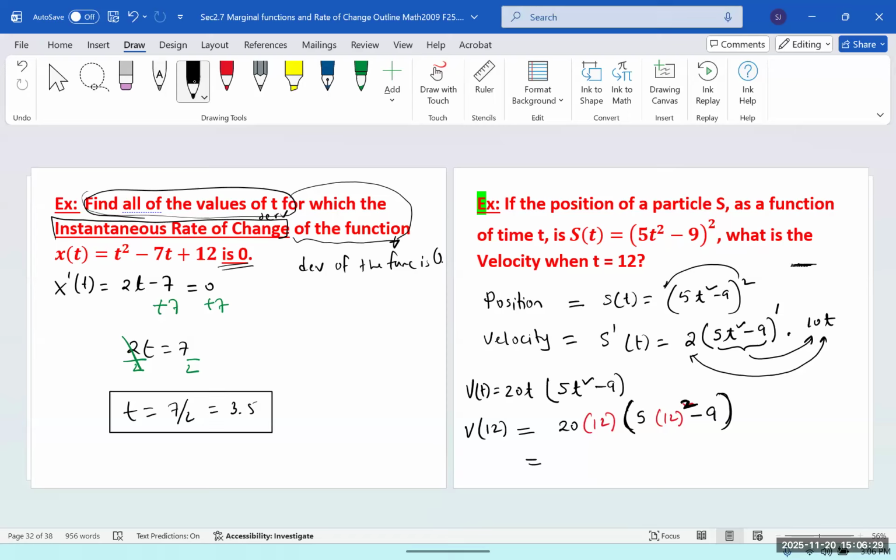What is 20 times 12? What is 2 times 12? 24. Then what is 20 times 12? 240. And then we have 5 times 12 squared. What is 12 squared? 144.